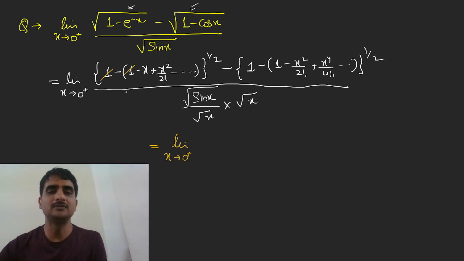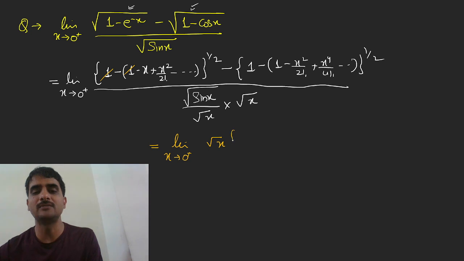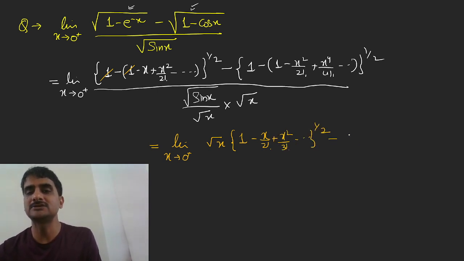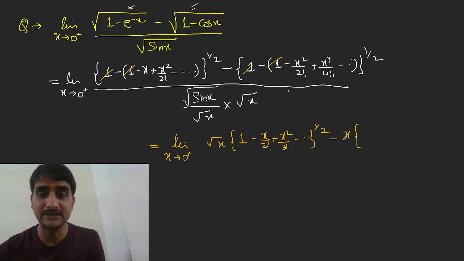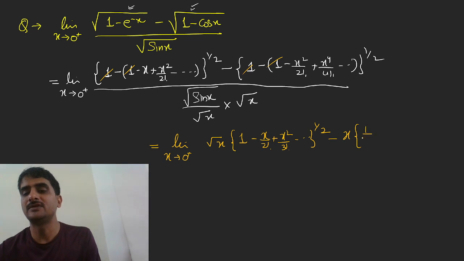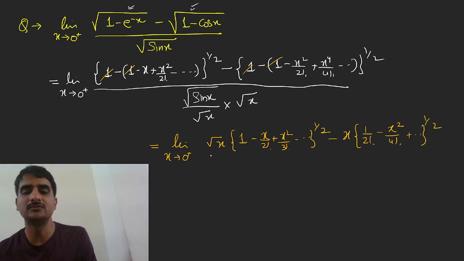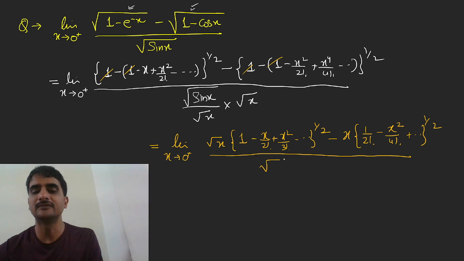Now when you solve it, you get root x common from the first bracket, and you have 1 minus x by 2 factorial plus x square by 3 factorial minus dot dot dot within the square root. Minus, you get x common from the second bracket: x times 1 by 2 factorial, and then whatever you are left with doesn't matter, minus x square by 4 factorial plus dot dot dot, whole within the square root, and you have root x.